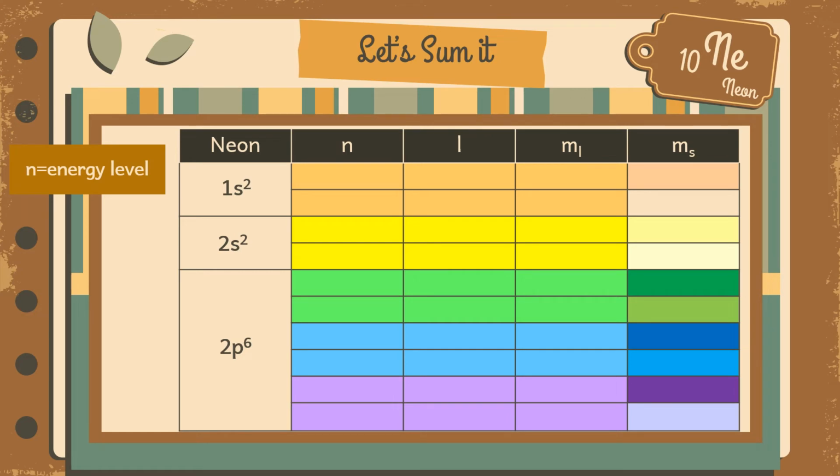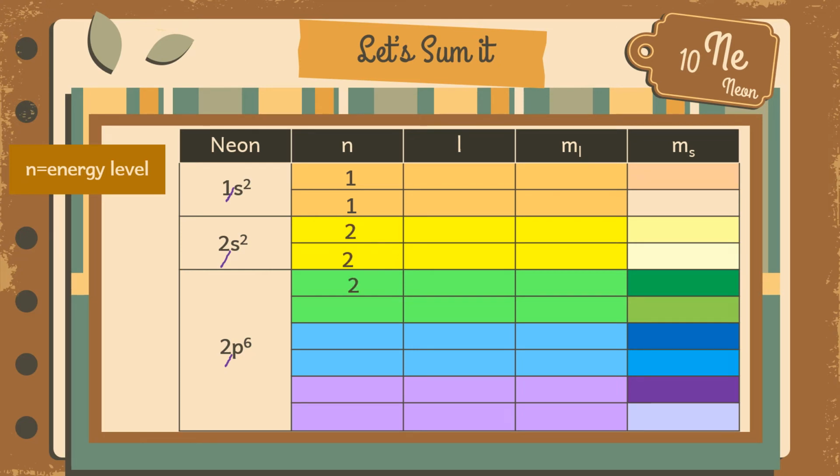The first quantum number is the energy level. It is represented by the whole number before the letter. So for 1s2, we have a principal energy level of 1. For 2s2, we have energy level 2.